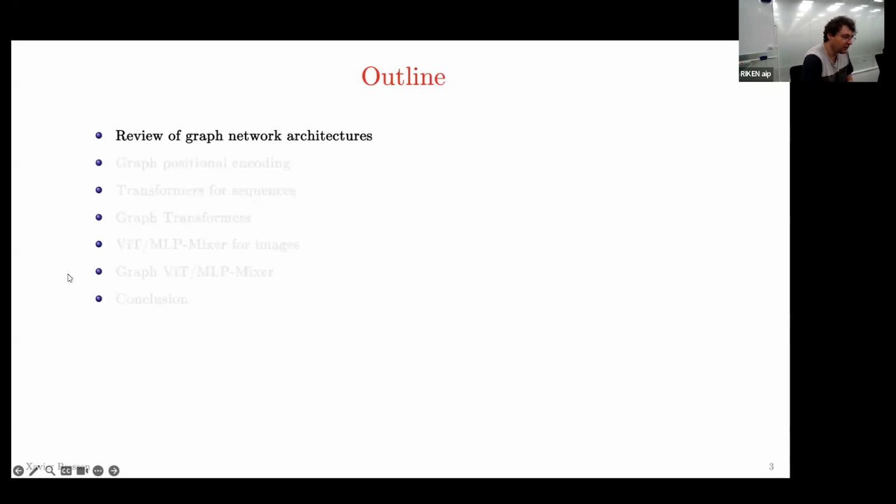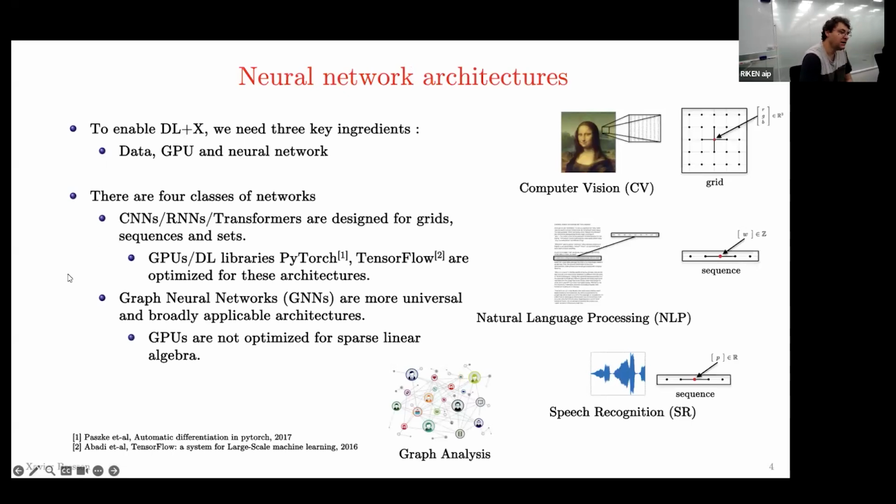So let's start with neural network architectures. If you want to do machine learning, deep learning plus X, basically you need three things: you need the data, you need your GPU, and you need neural networks. There are today four classes of neural networks: convolutional neural networks, recurrent neural networks, and transformers. CNNs are developed for grids, for images.